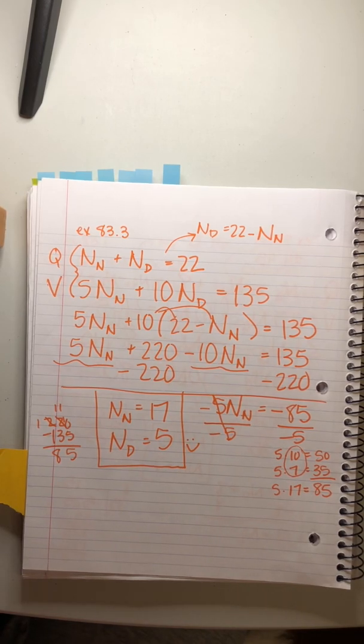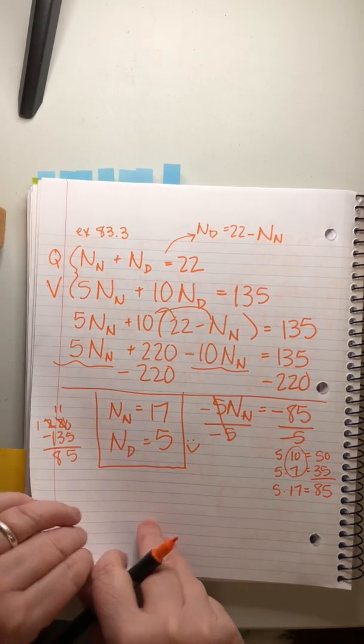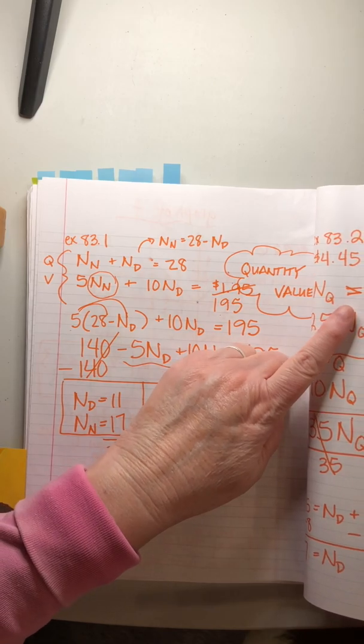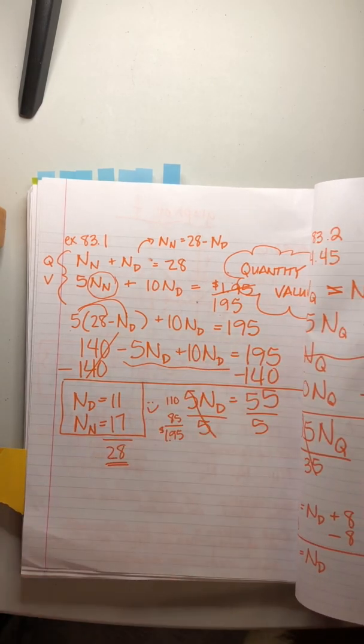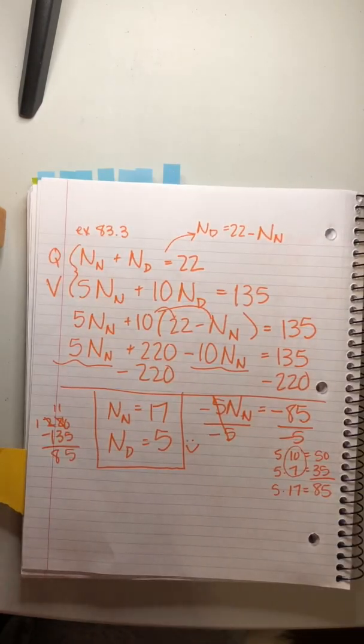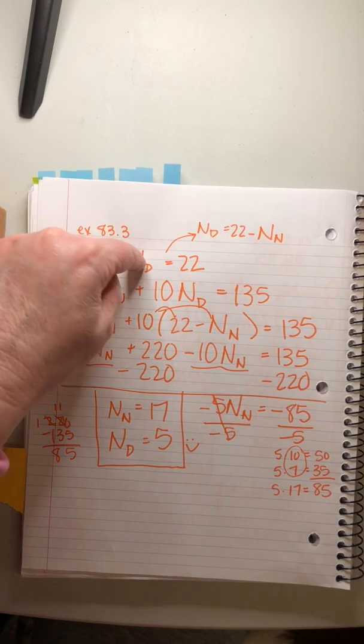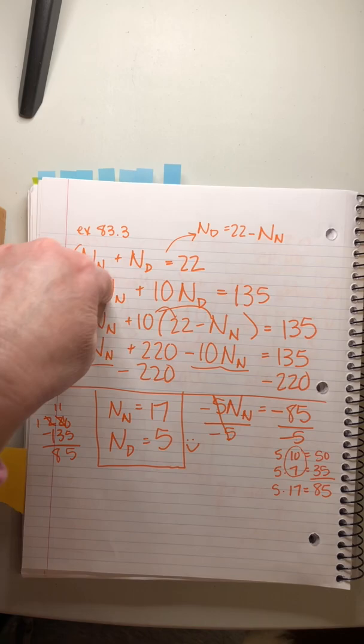As you notice, the equations can take slightly different shapes, right? In this one, we had one where the number of quarters was greater than the number of dimes. But for the most part, you've handled all the math of this before. The only hard part is looking at the words and pulling out the equations. And we always know there's a quantity statement that talks about the number of coins, and there's a value statement that talks about how much they're worth.